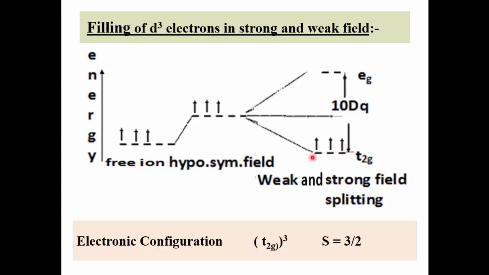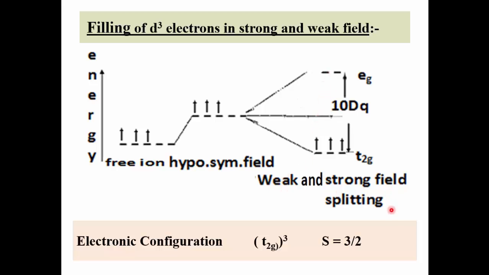According to rule number 2, Hund's rule of maximum multiplicity, equal energy orbitals each receive one electron. There is no pairing of these electrons. Each electron occupies a separate orbital. So in the t2g orbital there are now 3 electrons, and no electron in the eg orbital.